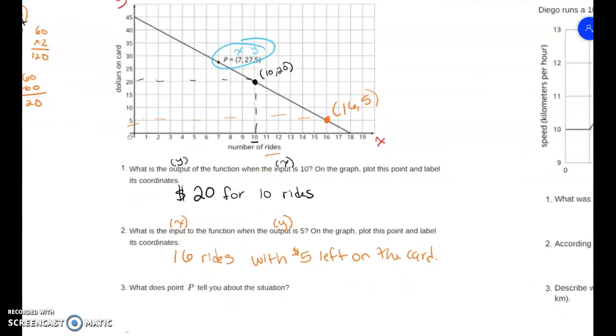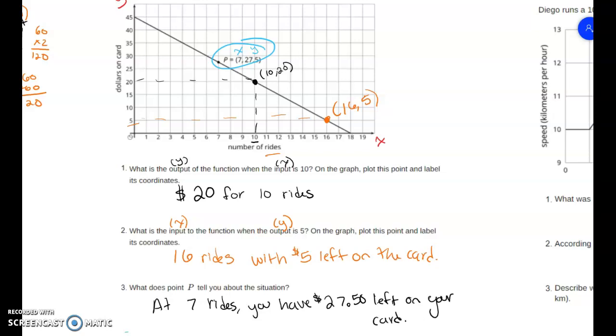So what you're going to type is, or, however you want to phrase it, at 7 rides, you have $27.50 left on your card. Okay, make sure you get that. And let's move on to Diego's race.